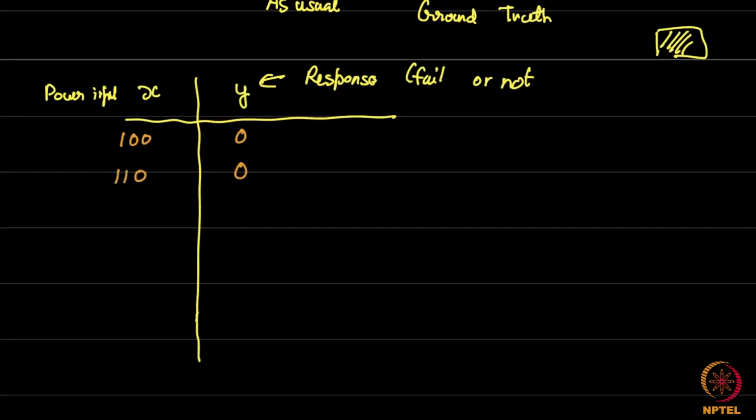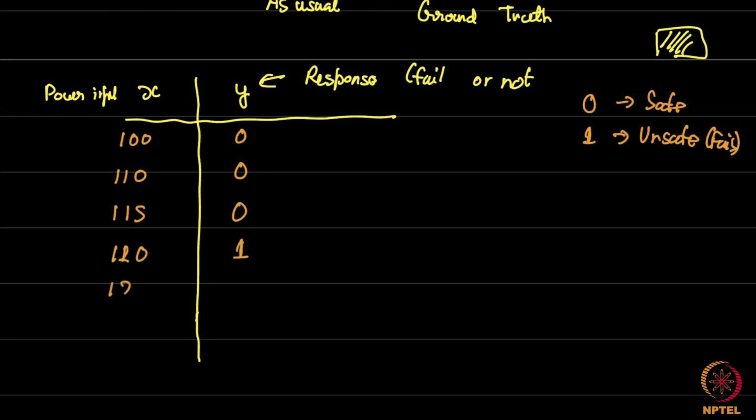So let's say I have decided 0 means safe and 1 means unsafe or fails. Something happens, something burns up. Similarly, 115, it's safe, and 120, it starts failing. And 122, it fails again, and 130, it fails. Okay, so let's say we collected this data.